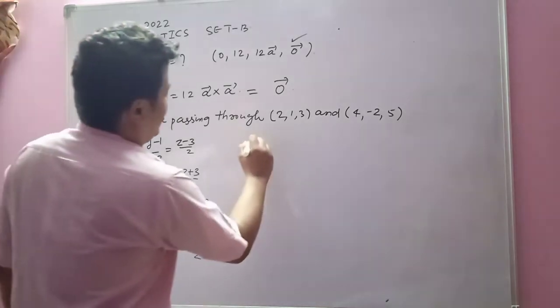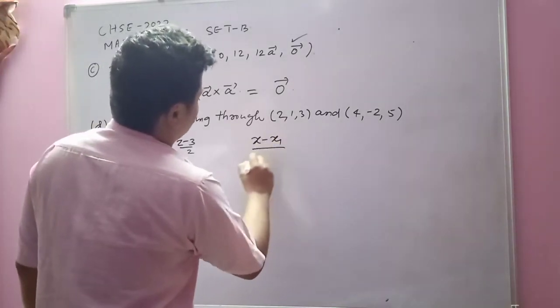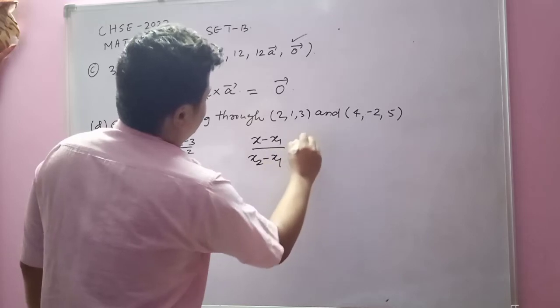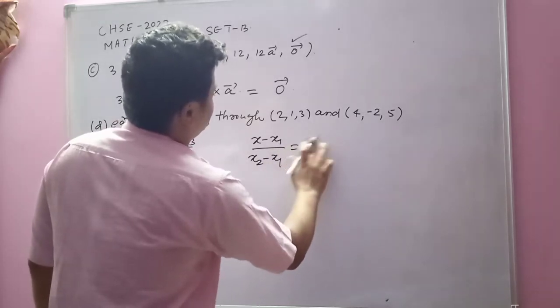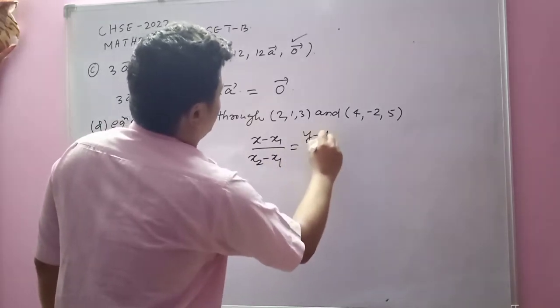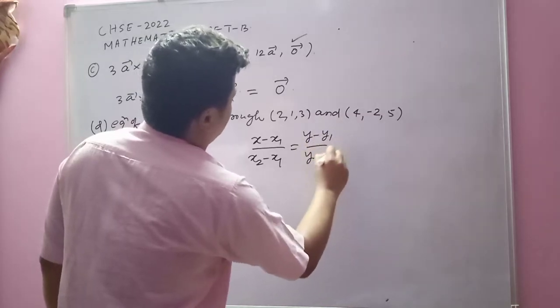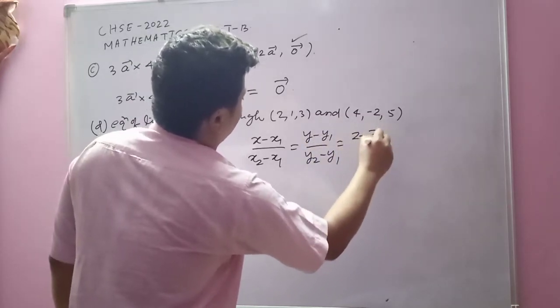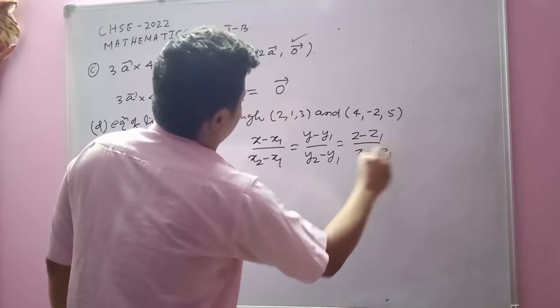Formula: x minus x1 by x2 minus x1 equal to y minus y1 by y2 minus y1 equal to z minus z1 by z2 minus z1.